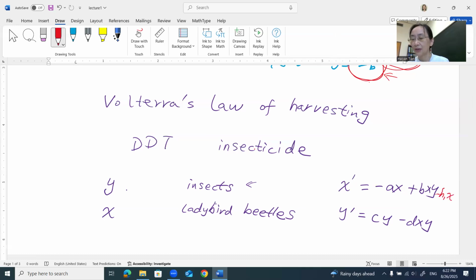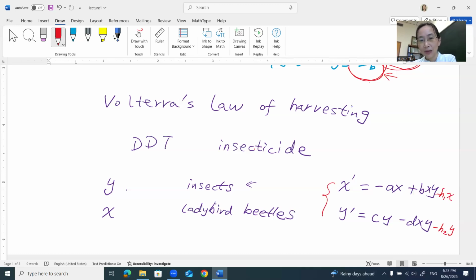So that is going to decrease the population of X, which is the ladybird beetles. Also, this harvesting, so when you apply DDT, it's going to decrease the insects. So we know that once you apply DDT, it has the effect of the harvesting.